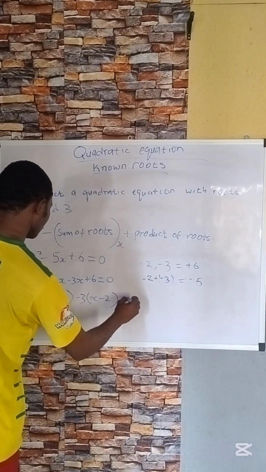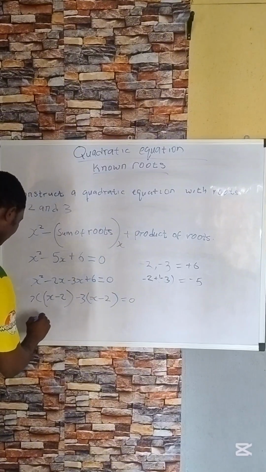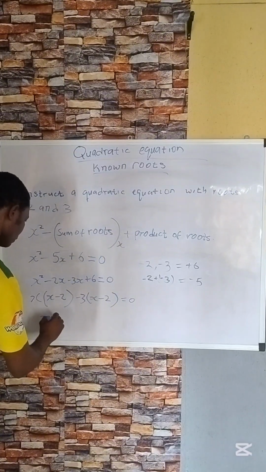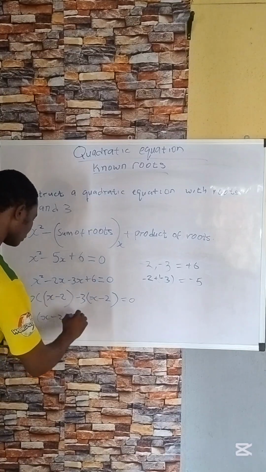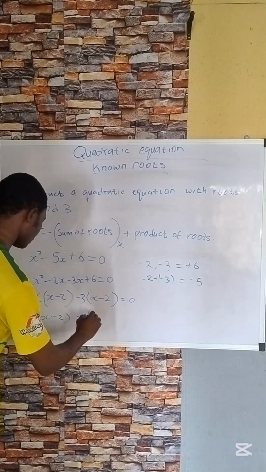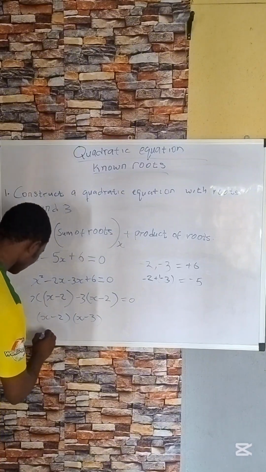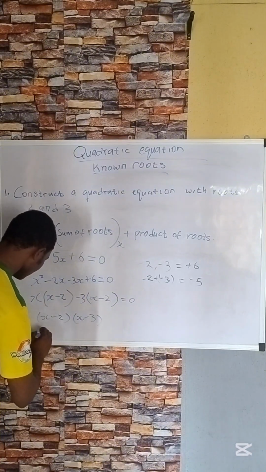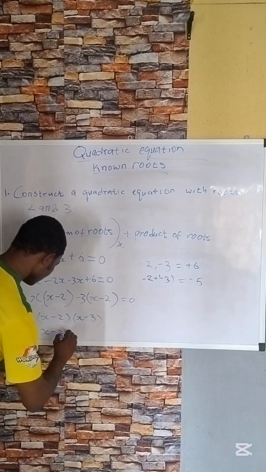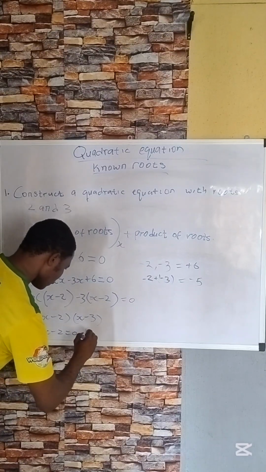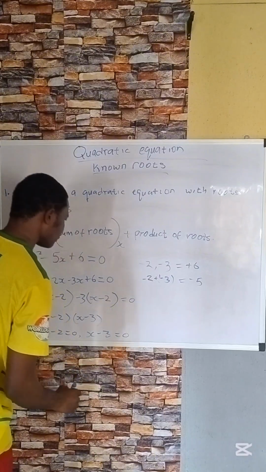Equal to 0. So now we have x minus 2 and x minus 3, so x minus 2 equal to 0 and x minus 3 equal to 0.